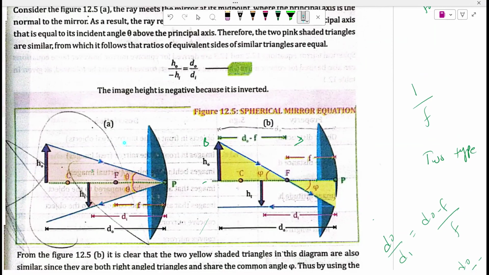These two sides were compared; sorry, let me use a different color for this one.